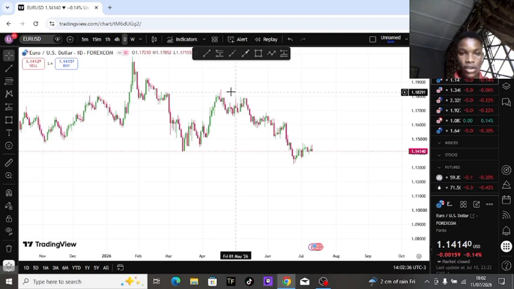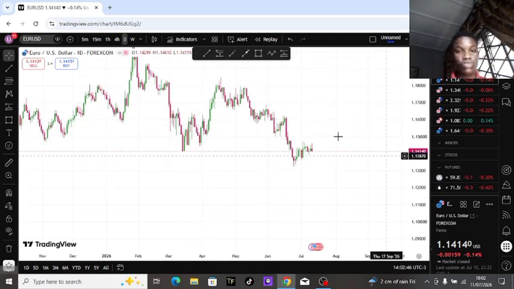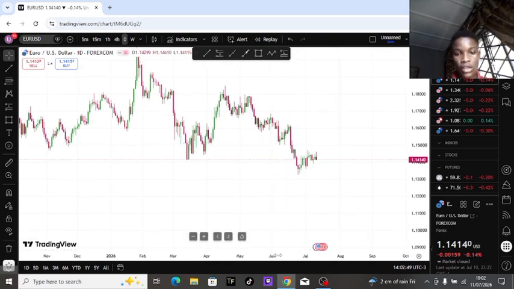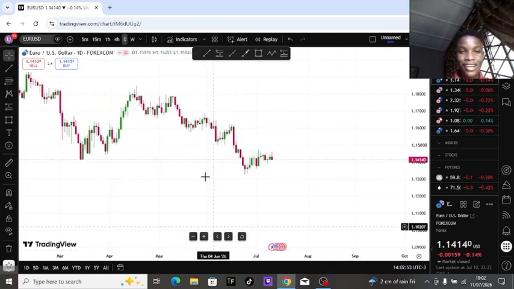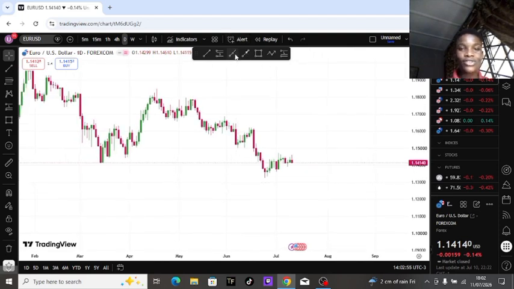I think we are having a lower low and lower high, lower low, lower high. It means we are in a downtrend. That shouldn't be new even for a beginner trader like me.